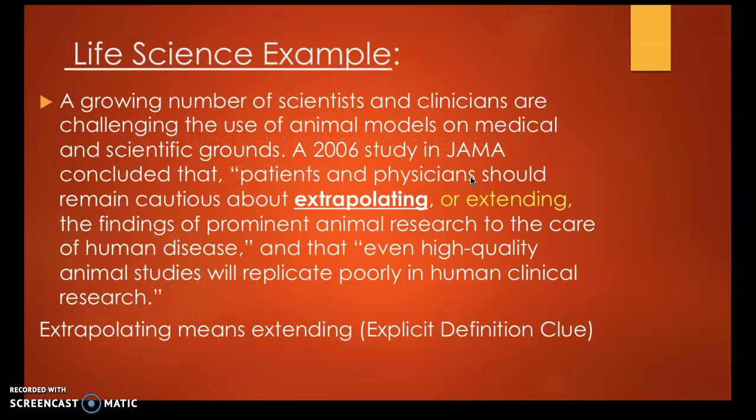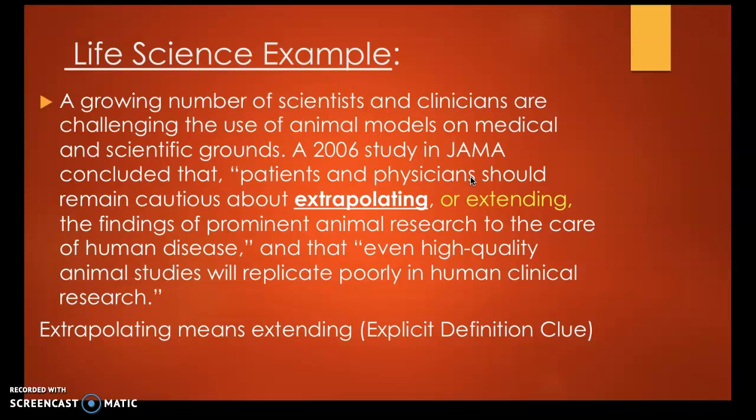And here's just one more example. I tried to pull another one from the sciences. A growing number of scientists and clinicians are challenging the use of animal models on medical and scientific grounds. A 2006 study in JAMA concluded that, quote, patients and physicians should remain cautious about extrapolating or extending the findings of prominent animal research to the care of human disease.